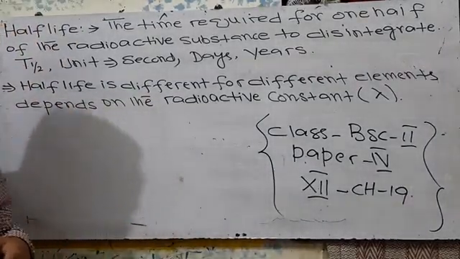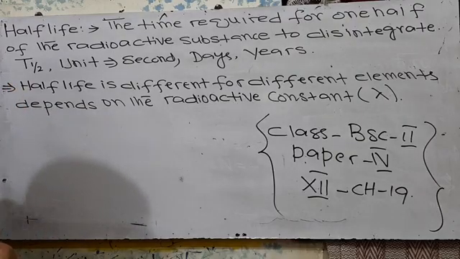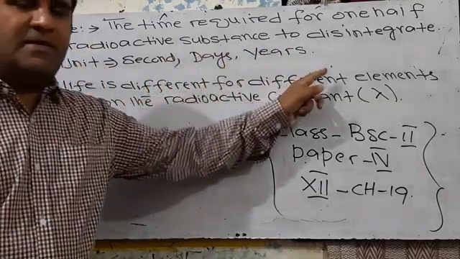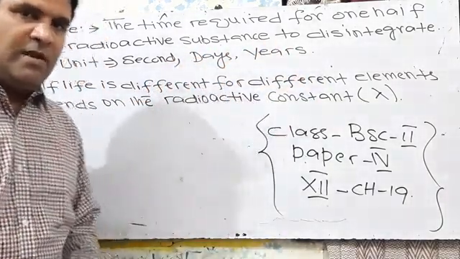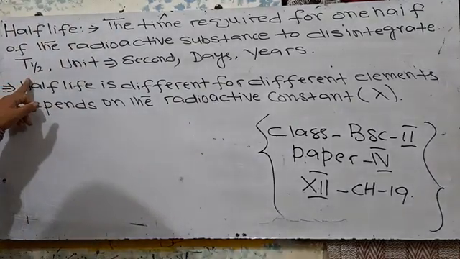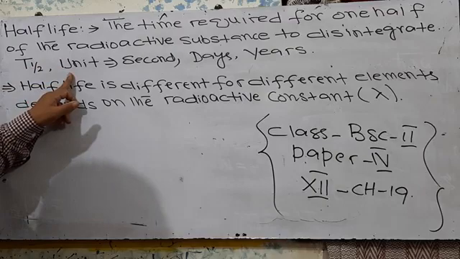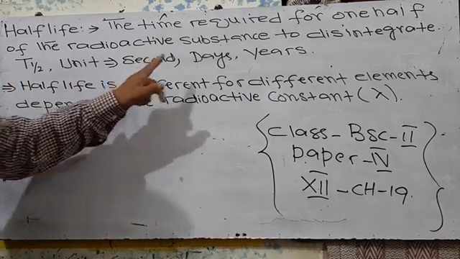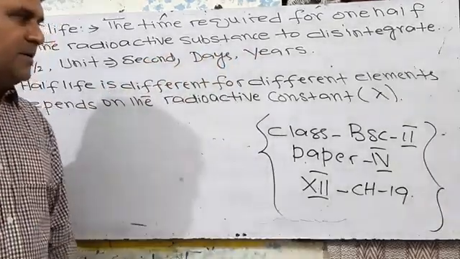Half-life can be defined as the time required for one half of the radioactive substance to disintegrate. Half-life is denoted by T1/2 and its unit is described in seconds, days as well as in years.